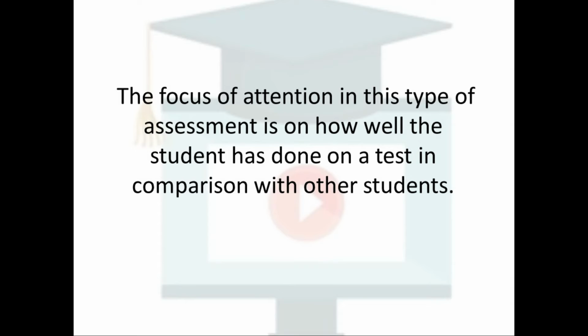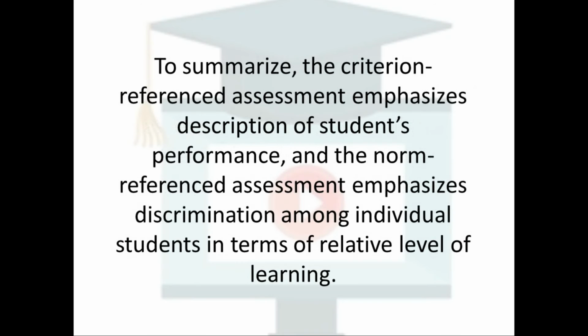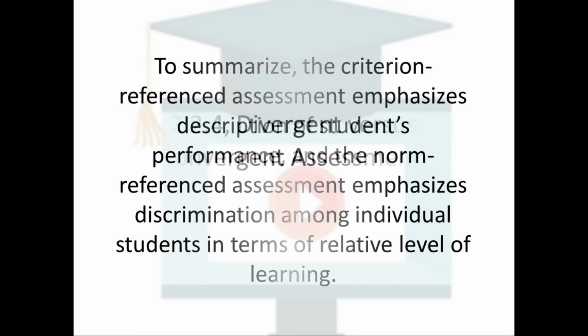The focus of attention in this type of assessment is on how well the student has done on a test in comparison with other students. To summarize, the criterion-referenced assessment emphasizes description of students' performance, and the norm-referenced assessment emphasizes discrimination among individual students in terms of relative level of learning.